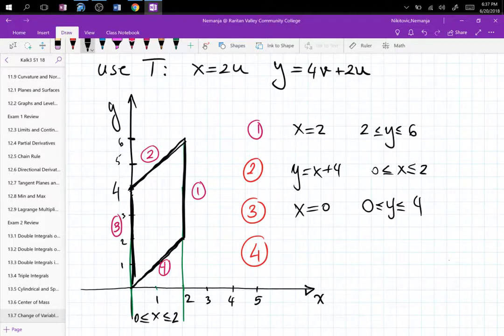And the last one is y equals x, also on 0 less than x less than 2. So what I have here are just the descriptions for each of the 4 lines, and now I use the transformation.